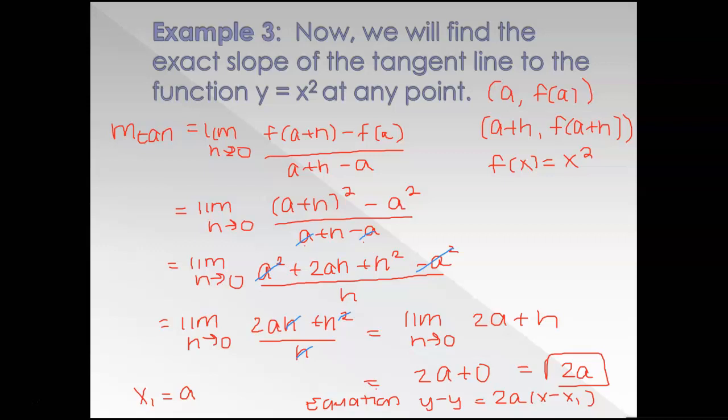So again, this is called the general form of the equation of the tangent, or the slope of the tangent. Example 2 was finding the exact slope.